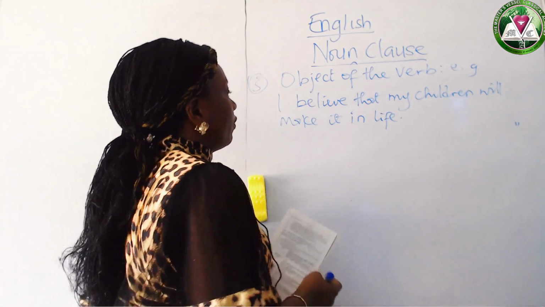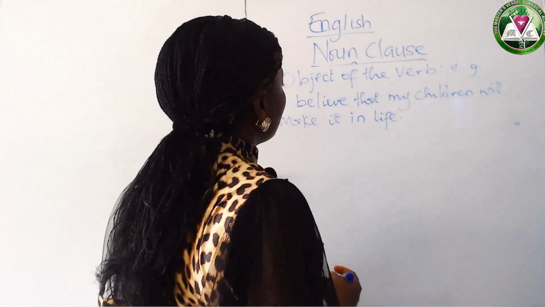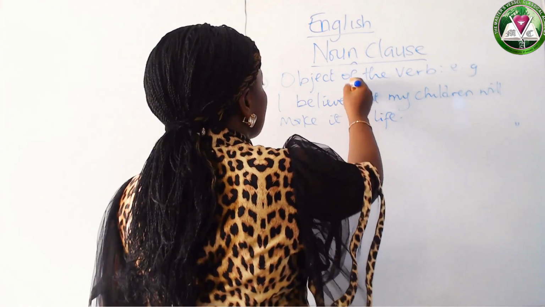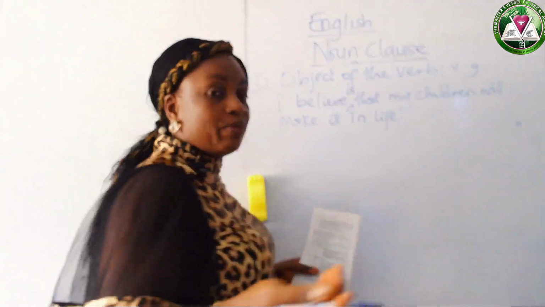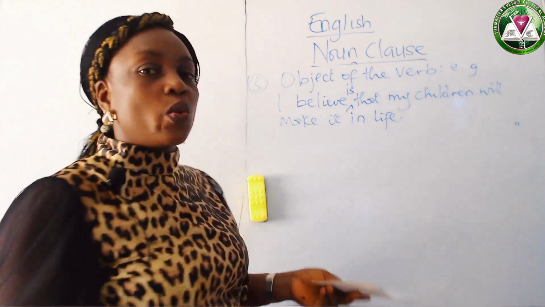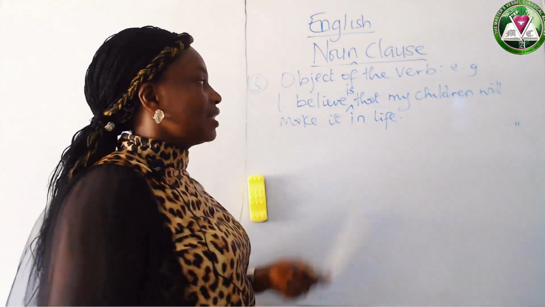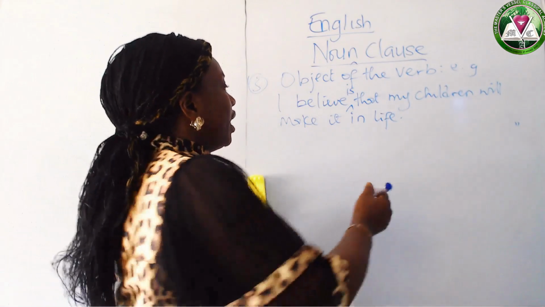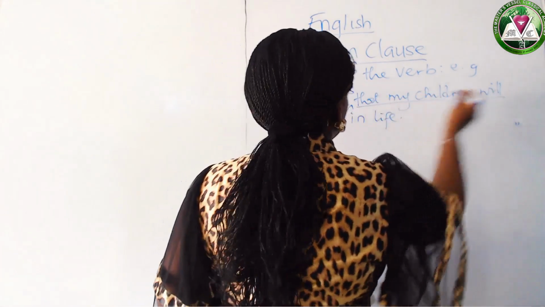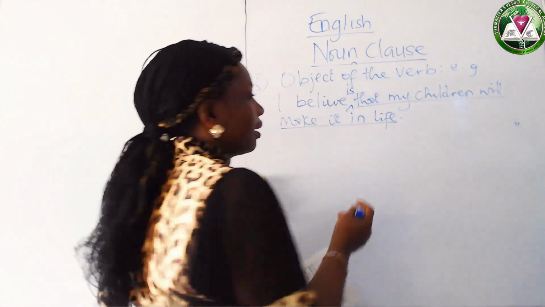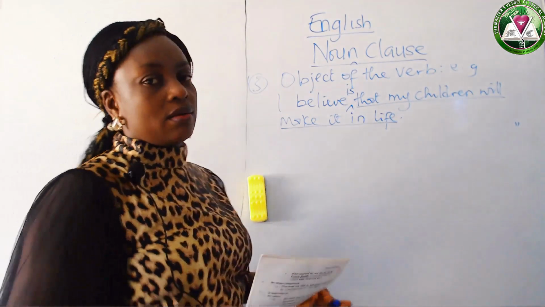My belief is, something is missing here. My belief that, okay, my belief is. So what is my belief? For us to get a noun clause, we can ask the question what? What is my belief? My belief is that my children will make it in life. So whatever answer you get is a noun clause.